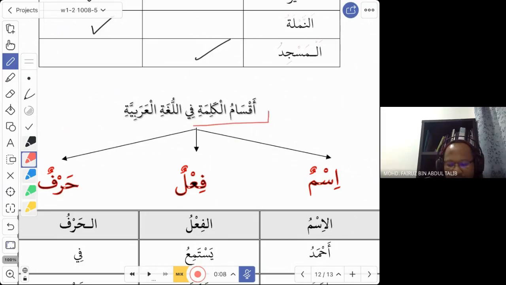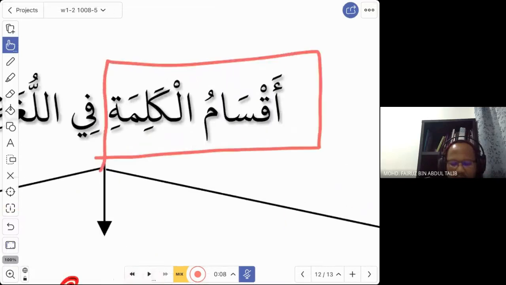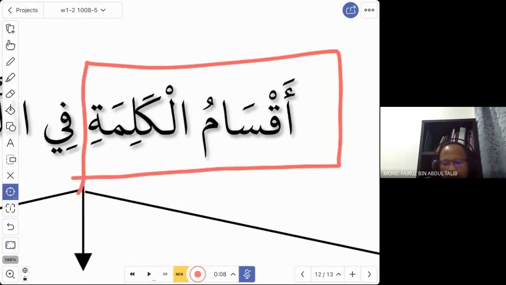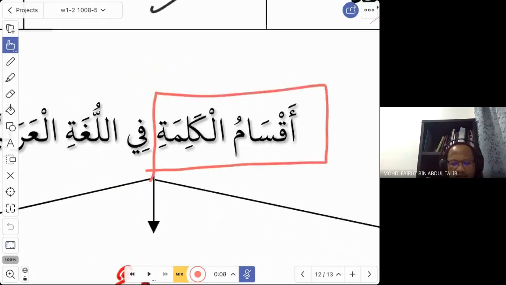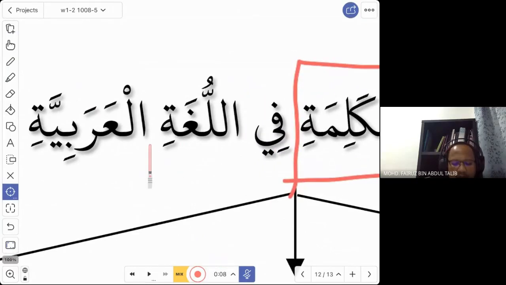Aqsamul kalimah. Aqsam means categories. Kalima means word. So the categories of words, or you can also say types of words, fi lughati al-arabiyyah.